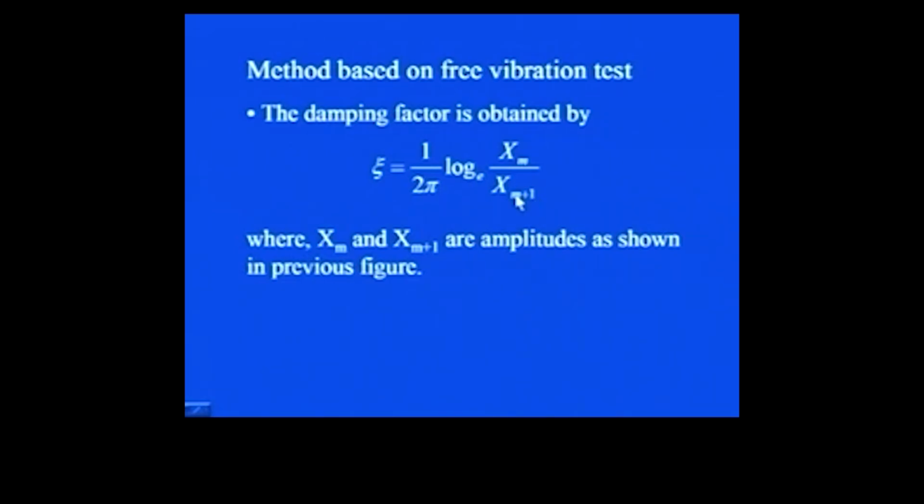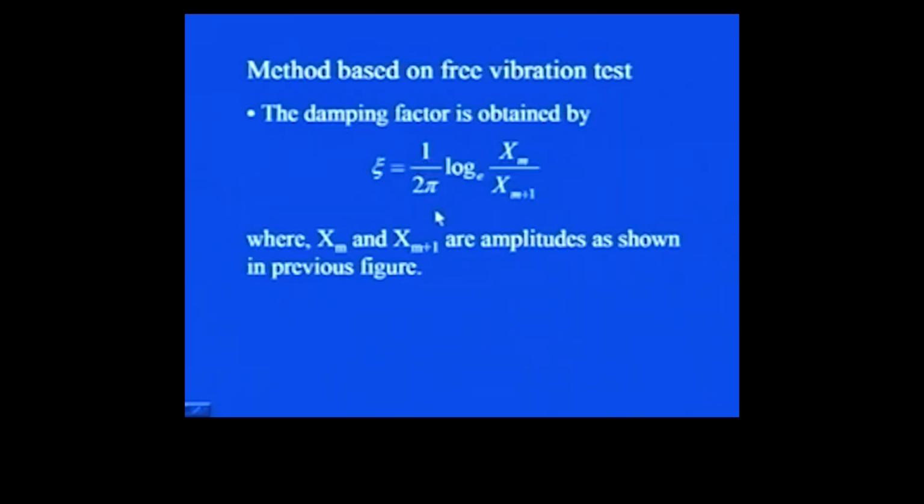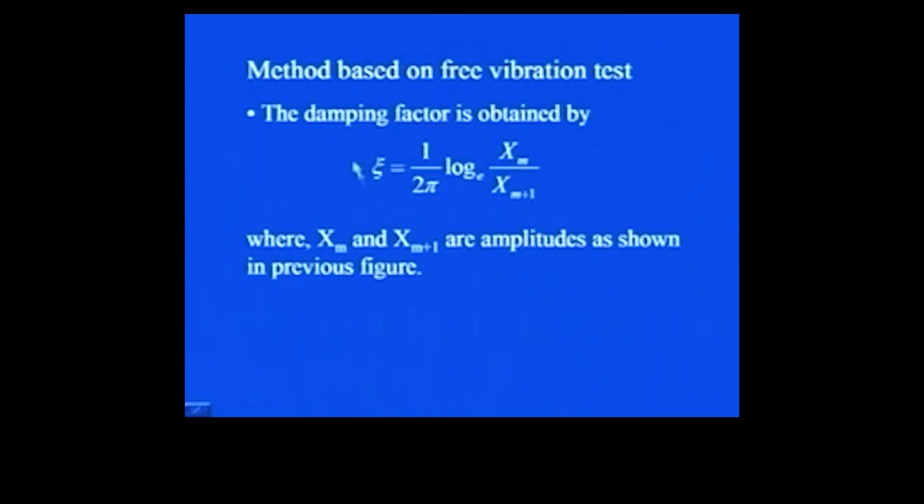Or let us say you had 3 peaks, that is x_{m-1}, x_m and x_{m+1}. Either you take these two or you take these two, it is one and the same thing, where x_m and x_{m+1} are the amplitudes like I have shown you here. This is x_{m+1}, this much amplitude, and this much amplitude is x_m. So using this expression you can determine the damping factor, which is a measure of damping.